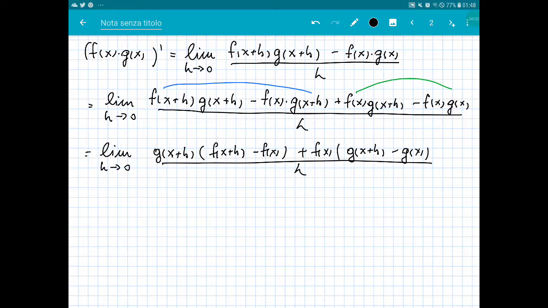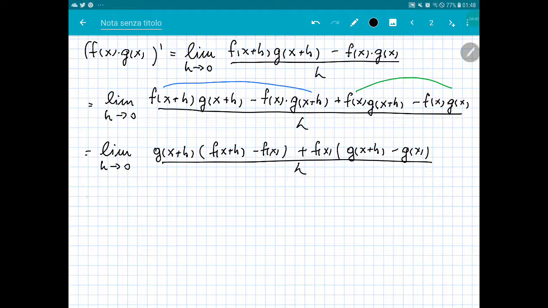So now I separate the fraction into the sum of two different fractions, and I use the fact that the limit of the sum is the sum of the limits, as we did before many times.